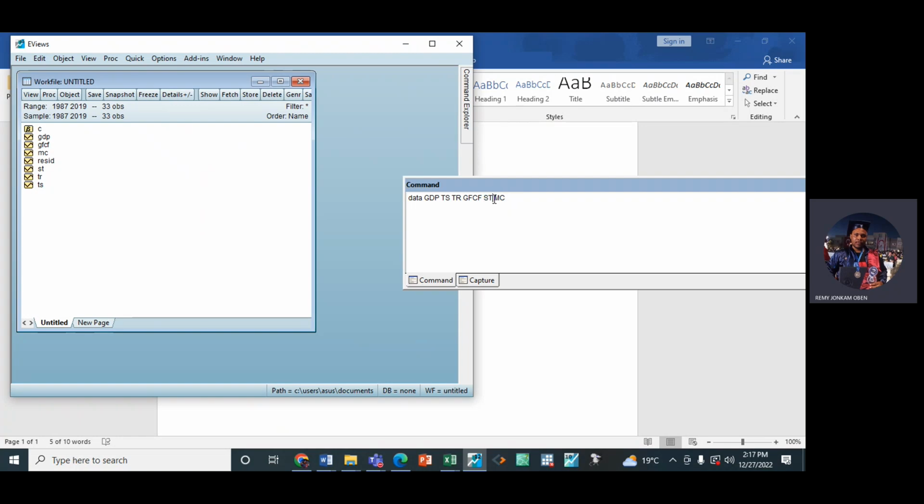So we have removed MC, we have solved multicollinearity, but we have created omitted variable bias. So put back the MC and then try to remove ST and repeat the process. Maybe it might solve the multicollinearity without creating omitted variable bias. If it is not possible, try other solutions, as I've told you. Maybe change the proxy, or maybe use log transformation, ratio transformation, whatever. But at least you get the idea, right?